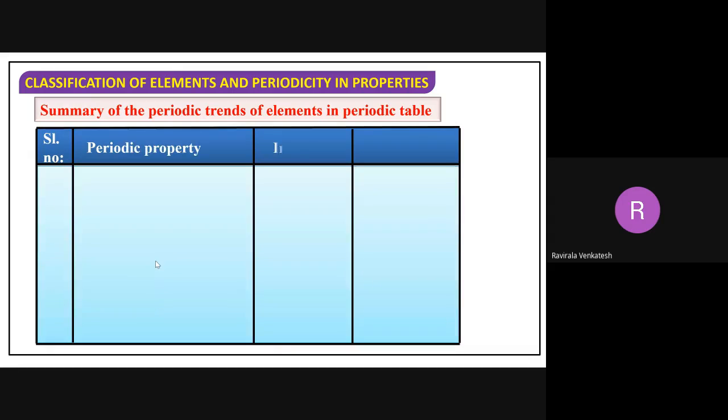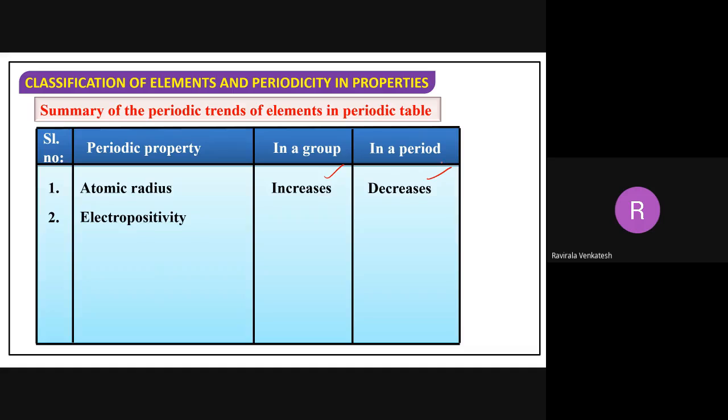Now let us see all the properties, because the periodic properties are completed. Atomic radius increases in a group and decreases in a period. Electropositivity increases in a group and decreases in a period. Metallic nature increases in a group and decreases in a period.